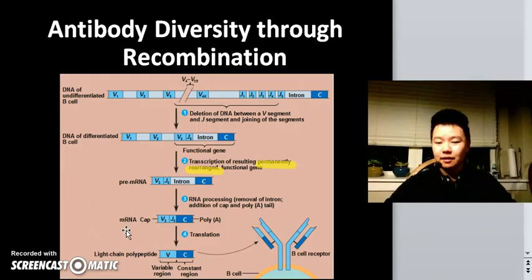If you consider that every B cell can undergo a slightly different combination of sections spliced out, you can see how the B cells can all end up with a slightly different specificity, different antibodies on the surface, and being able to recognize different antigens in the body.